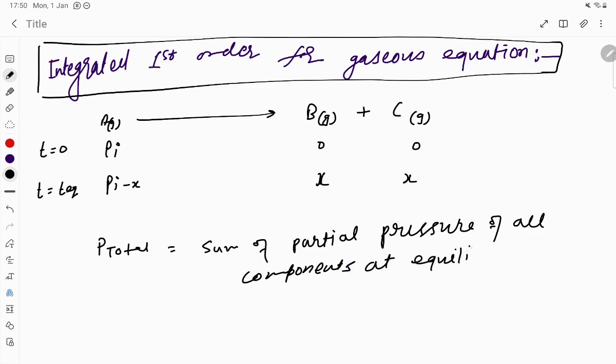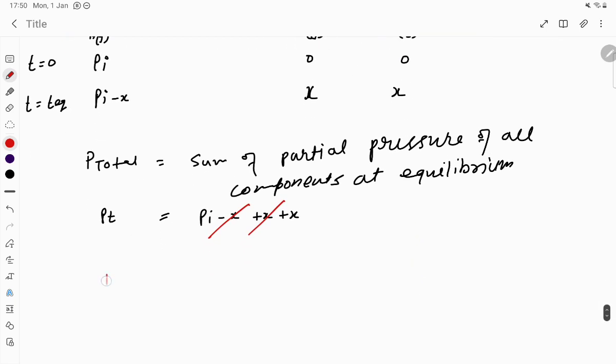So Pt is equal to Pi minus x plus x plus x. Here minus x plus x will cancel out. So Pt is equal to Pi plus x. This is the equation, right?